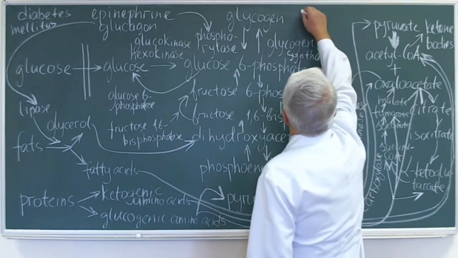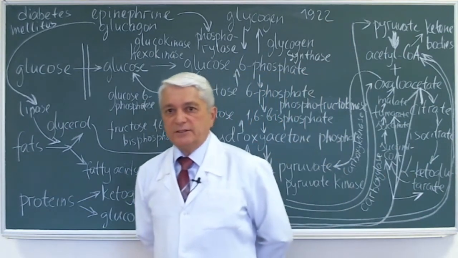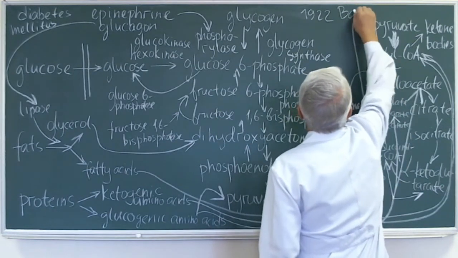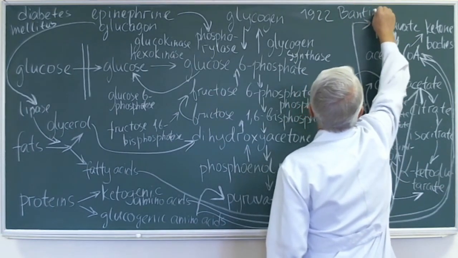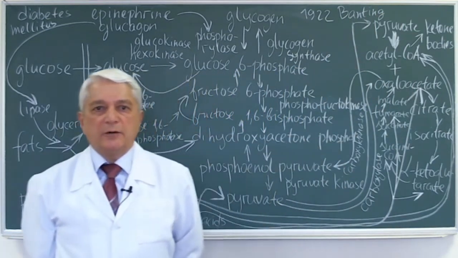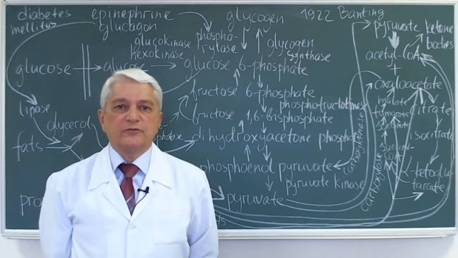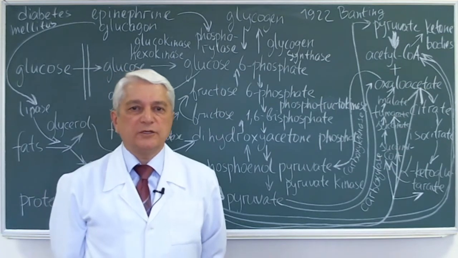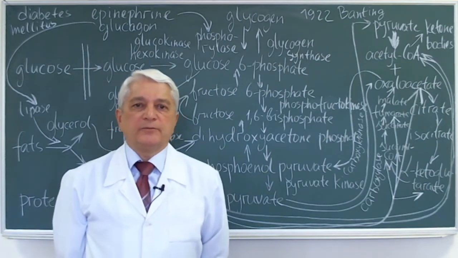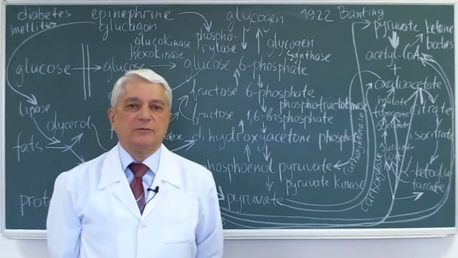Let's write here. In 1922, a Canadian scientist, Frederick Banting, obtained a pure solution of the hormone insulin, and after this, injections of insulin could save a lot of lives of people with diabetes mellitus.